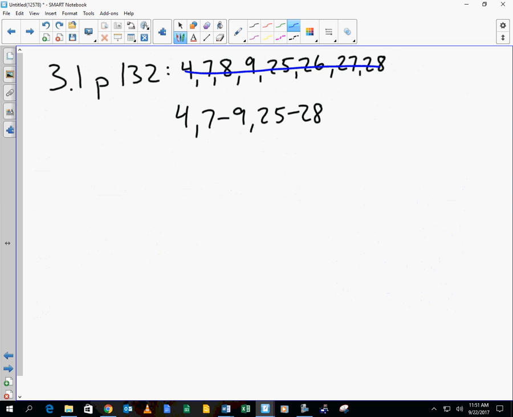Get rid of this. Okay? Just 4, 7 through 9, and 25 through 28. The problems are not just 100% identical to the notes. That's on purpose. I want you to have to try to think about a couple pieces as you put this together.